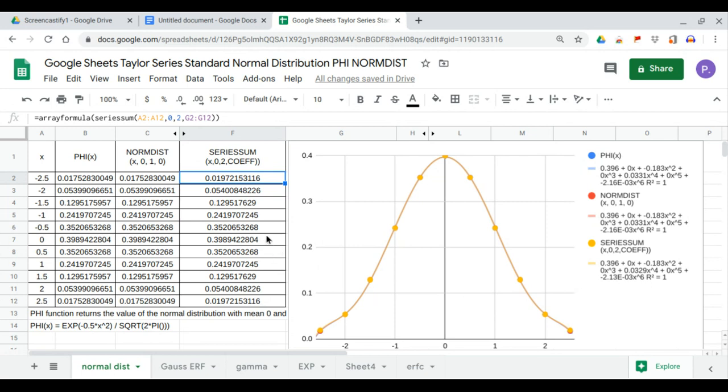So this shows the Taylor series expansion of this data set will match the phi function and the NORMDIST function of the standard normal distribution.